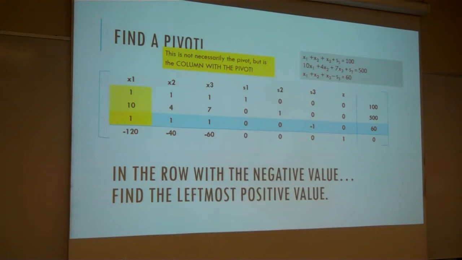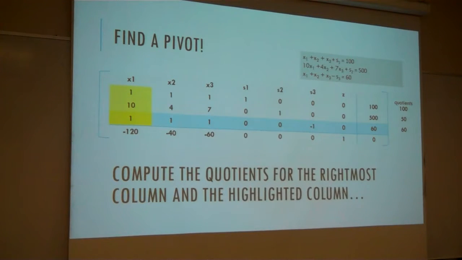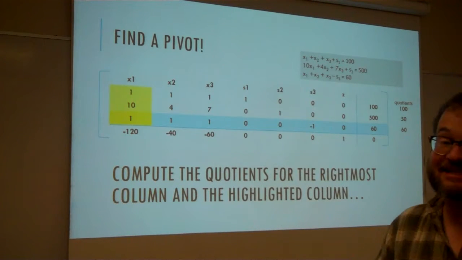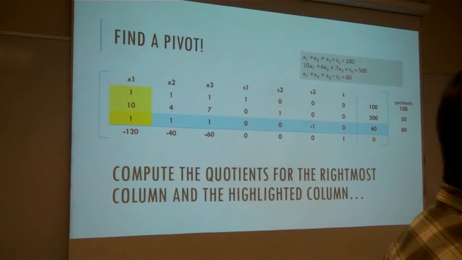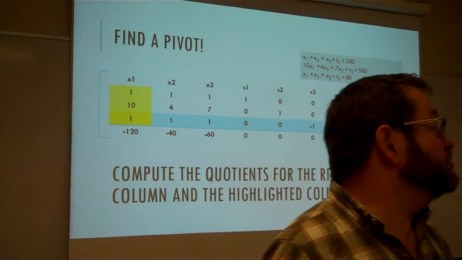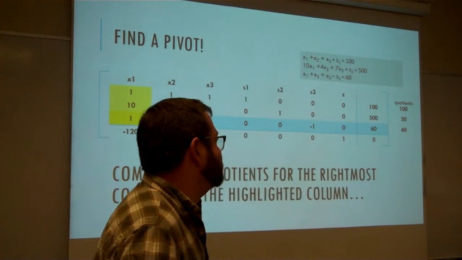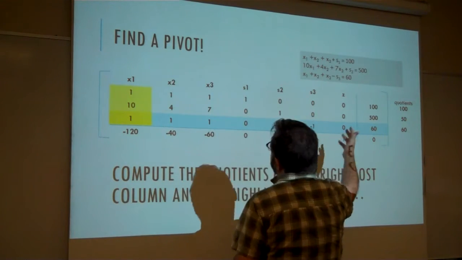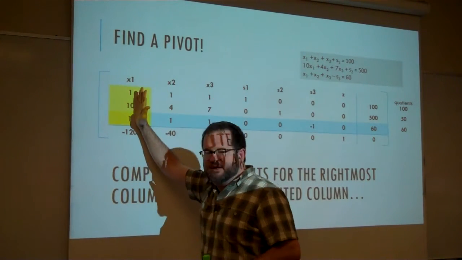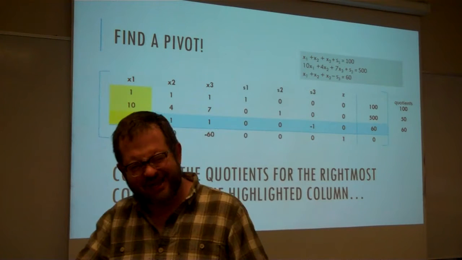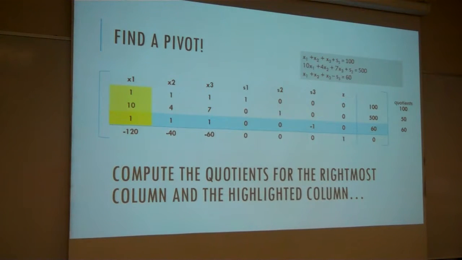Now, just like before, we figure out the quotients. I'm going to start using the correct vocabulary word: you investigate the quotients. I don't really know why the verb is investigate, but what you do is compute the quotients based on the rightmost column divided by the column that you picked over here.